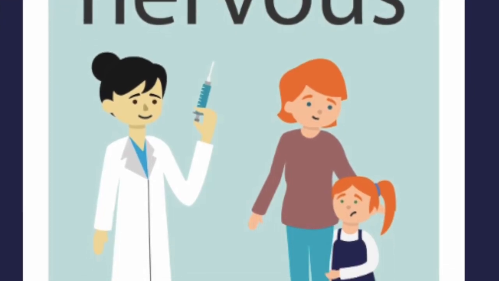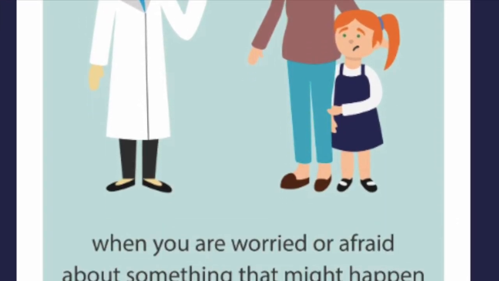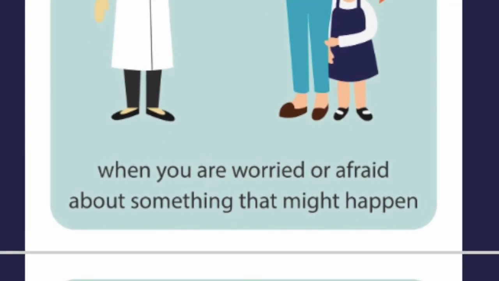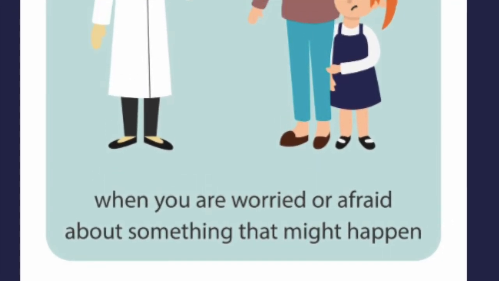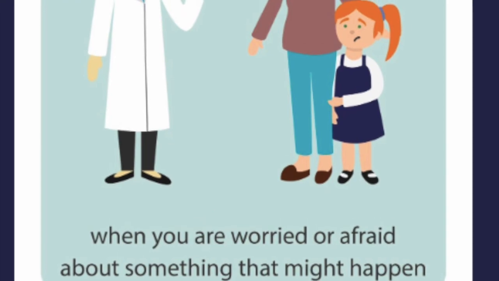So do you think you guys can guess the emotion that I was feeling in that story? I was feeling nervous, right? I was feeling nervous because I went to the doctor. So scholars, that's what we're going to be writing about today. Tell me a time when you felt nervous. So kindergarten, you're going to tell me about a time where you felt nervous.